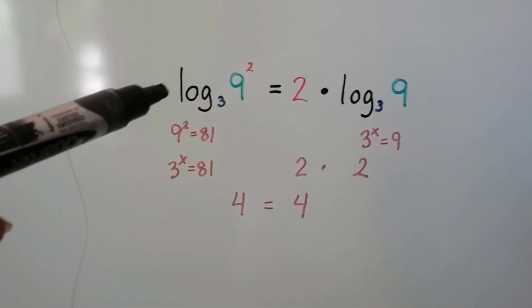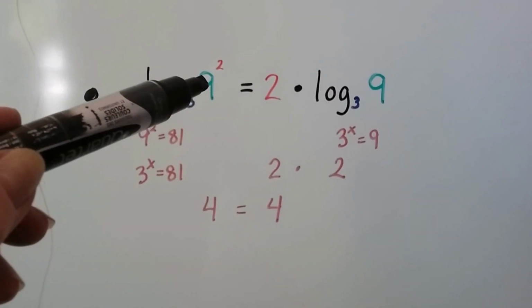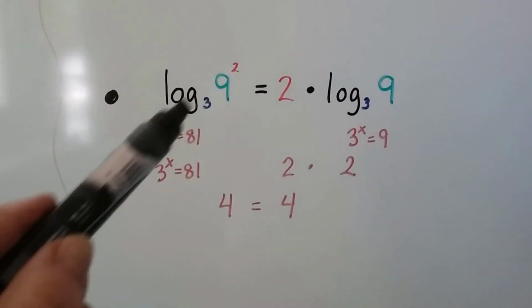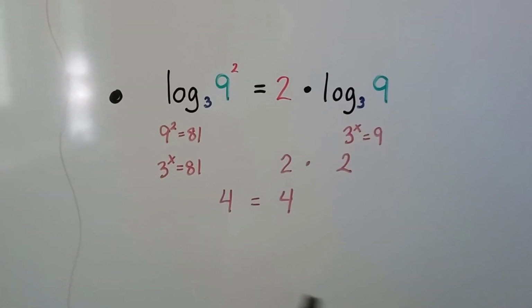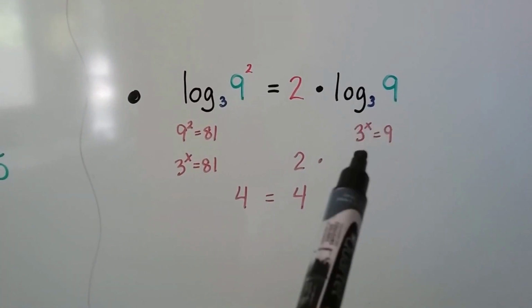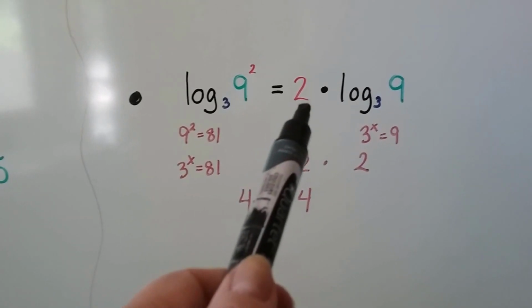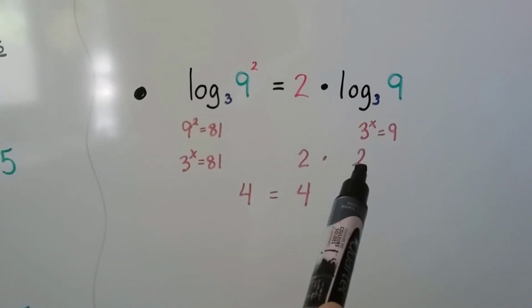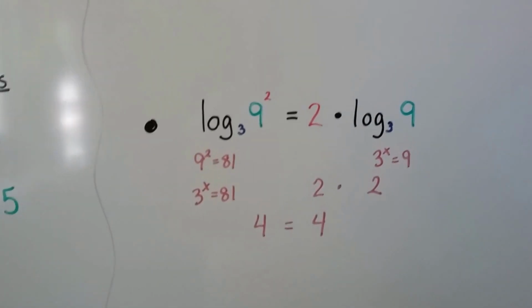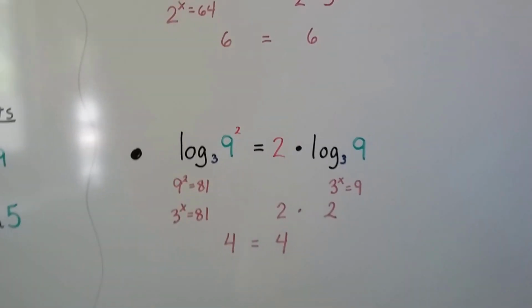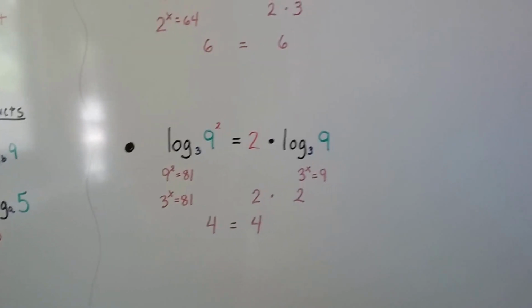So it's almost as if it says log base 3 of 81, right? So 3 to the what power is 81? 3 to the 4th power. 3 to the what power is 9? 2. So we multiply this 2 times this 2. We get a 4. Yep, it worked. So isn't that cool? For the logarithm of a power?